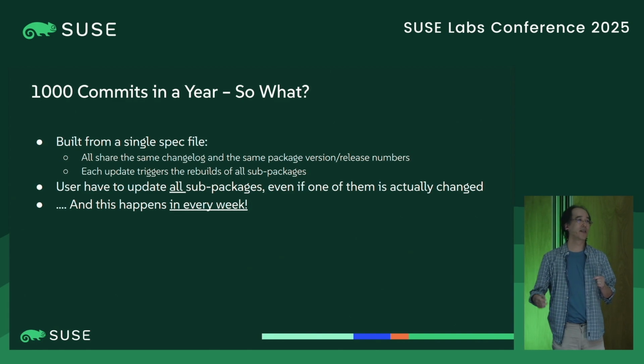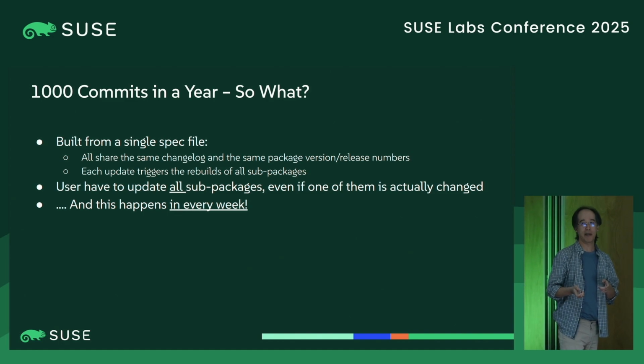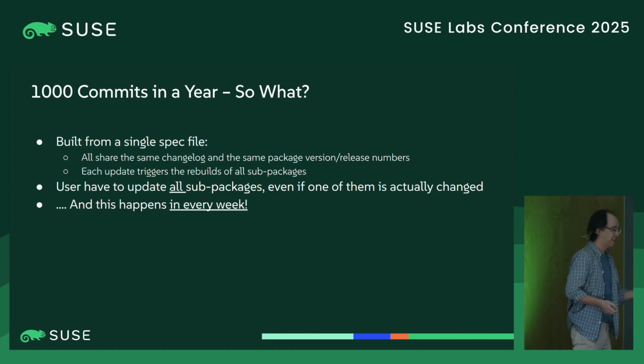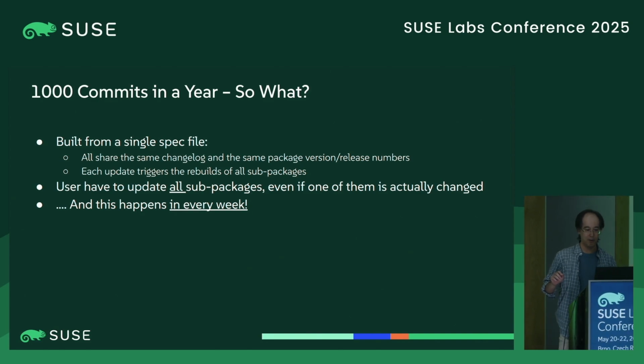And that means if users had installed all these packages, they would have to update all these packages every week. So every week, you would update 1 gigabyte. It's suboptimal, if I may put it more positively.